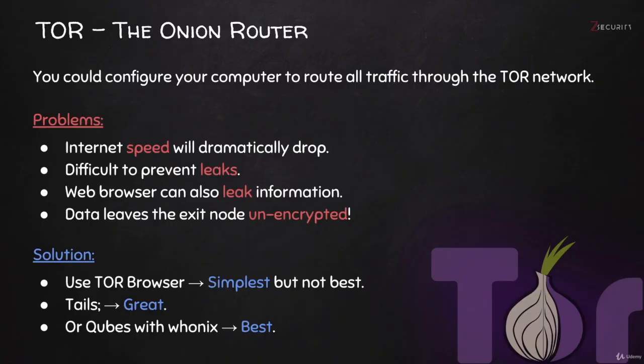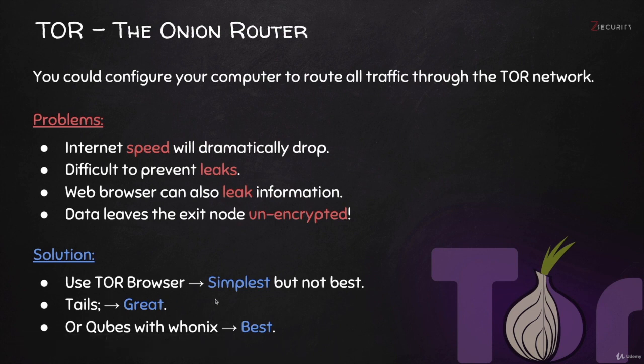So, like I said, there's a lot of steps to do if you want to configure your computer to use the TOR network. And even if you do all of that, you could miss a tiny detail that could potentially leak information and reveal your identity. Therefore, a better solution is to use the TOR browser, and we'll talk about that in the next section.